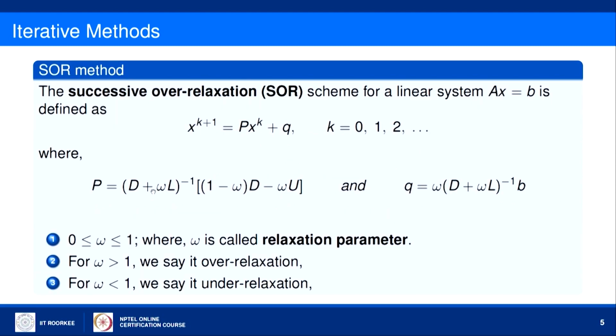Then you can put the value of omega here, calculate the iteration matrix P as well as the column vector Q, and write the iterative equations of the SOR method.